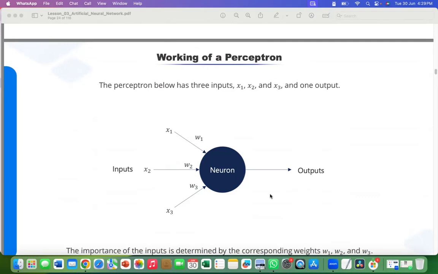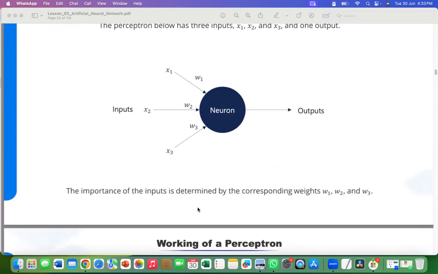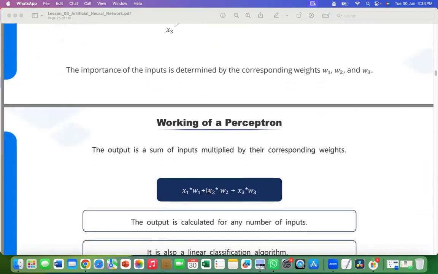Now, this perceptron has three inputs, x1, x2, and x3. And accordingly, w1, w2, w3 are the weights, right? And there is the output. The importance of each input is determined by the corresponding weights w1, w2, w3.